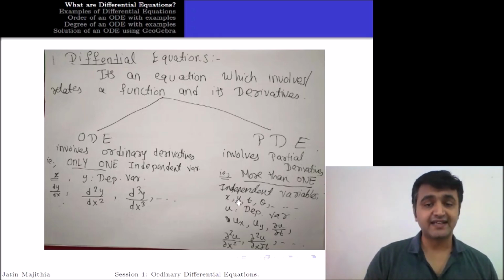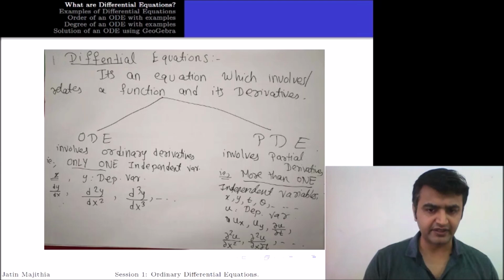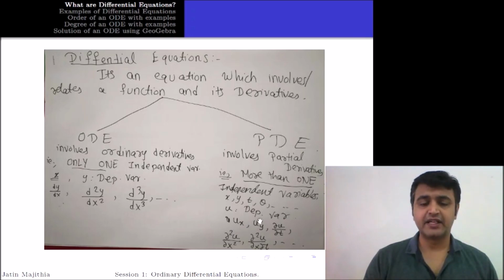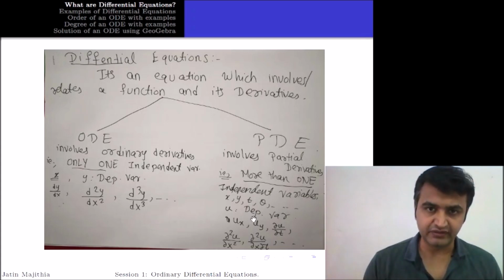Suppose x, y, t, theta are independent variables, and suppose u, or sometimes people use z, is the dependent variable. Then you have the partial derivatives of u with respect to x, of u with respect to y, and of u with respect to t. All these are called partial derivatives. If you have an equation that involves these partial derivatives, such equations are called partial differential equations.